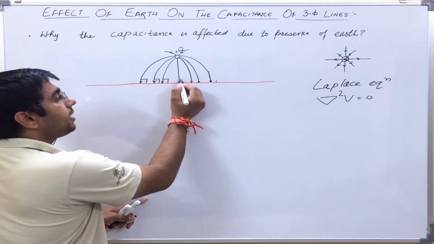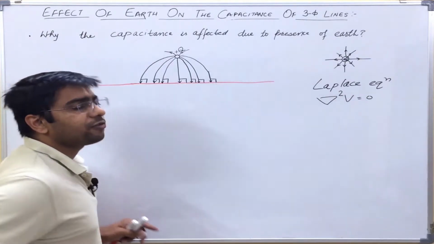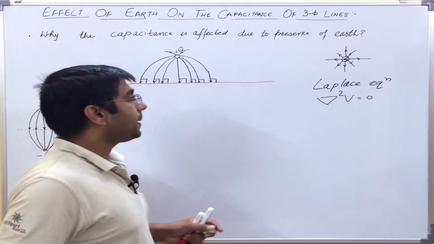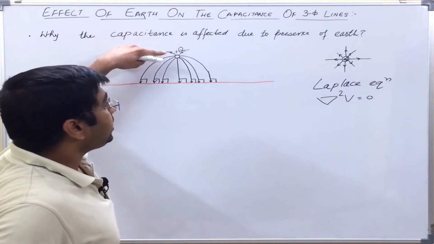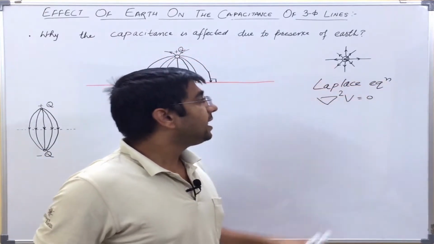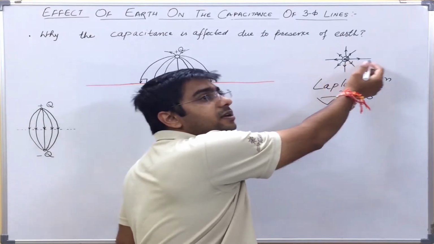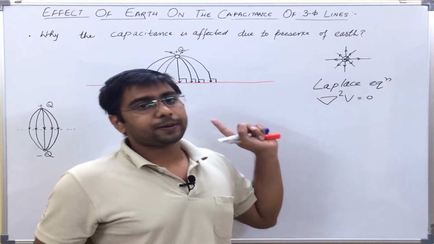That is, these lines will make an angle of 90 degrees with the surface. This is one of the boundary conditions. Now you see, if the charge was alone, with no conducting plane, then the electric field lines would have been radial everywhere.